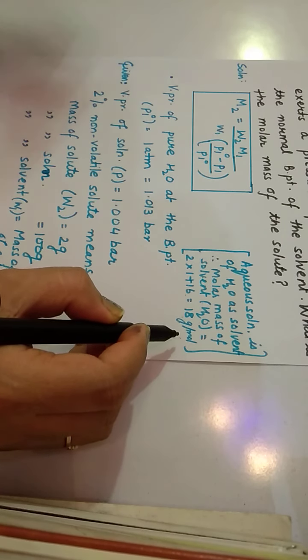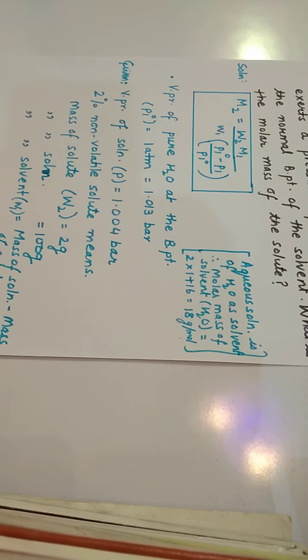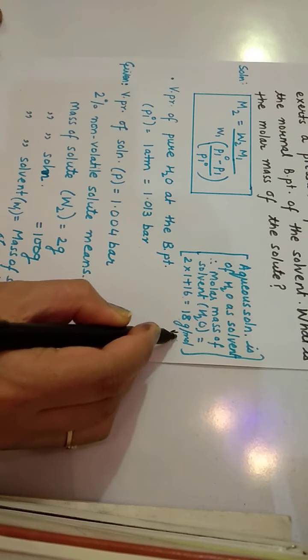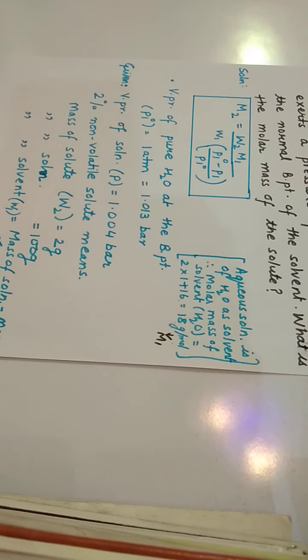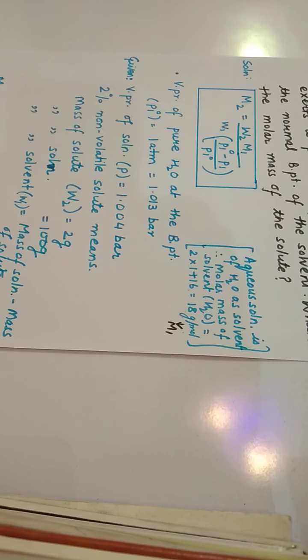So M1 is having value 18 gram per mole. W1 we will find out, that is the mass of the solvent.